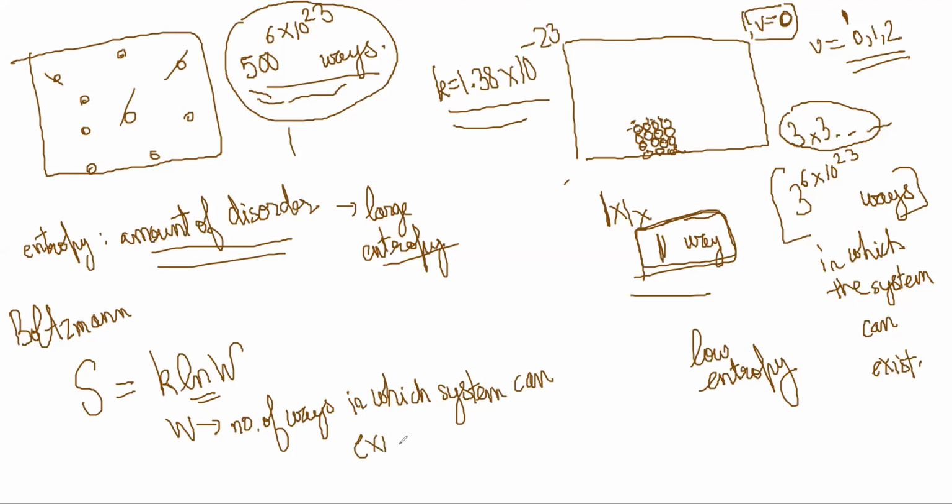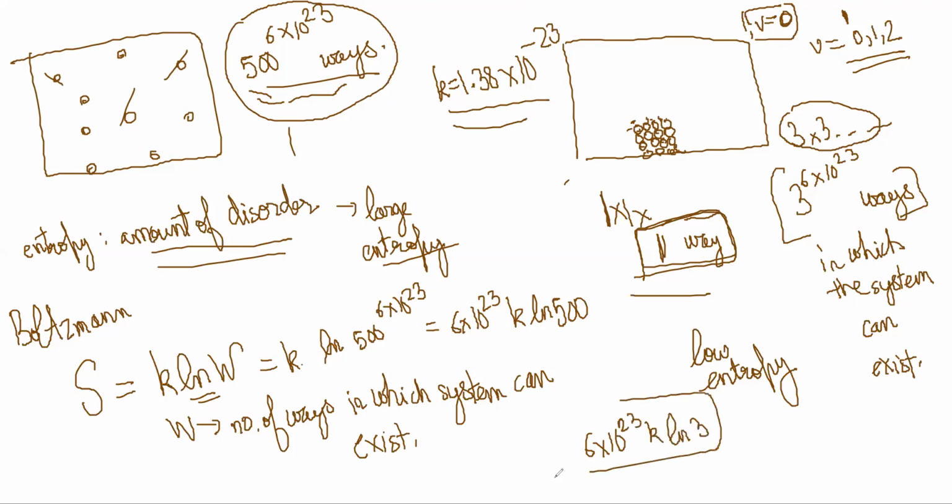So here we had calculated this many ways the system could exist. If I do the calculation, it becomes K ln 500 to the power 6 into 10 power 23. So it becomes 6 into 10 power 23 K ln 500. And here it becomes 6 into 10 power 23 K ln 3.